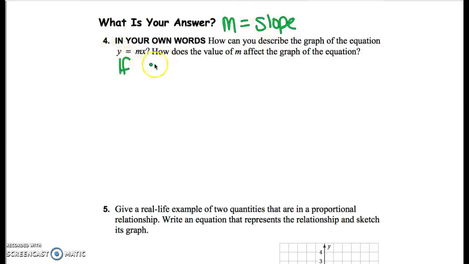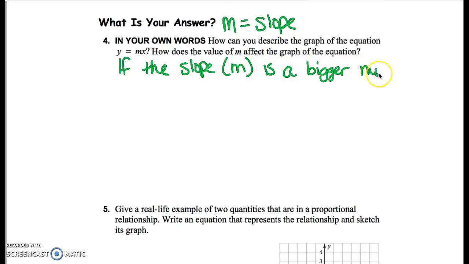So if the slope, or m, is a bigger number, the line will be steeper.